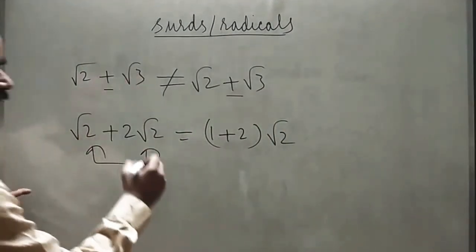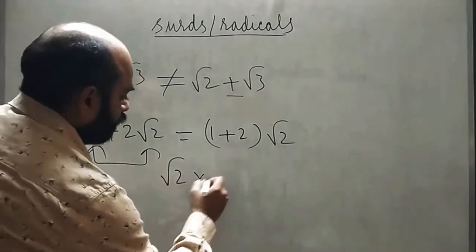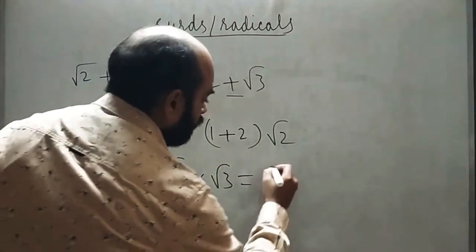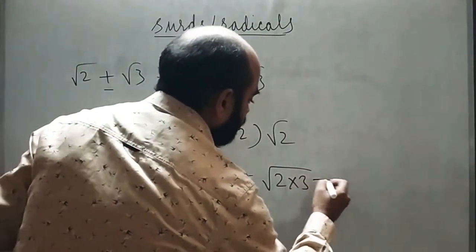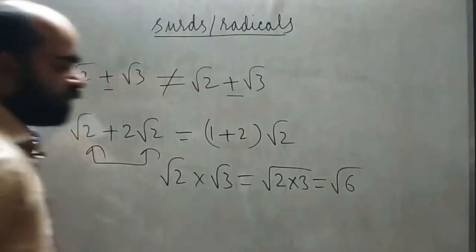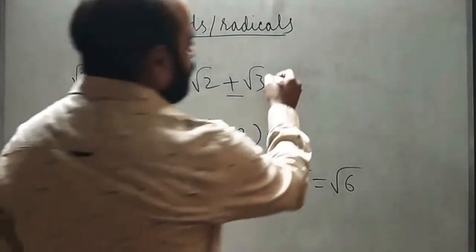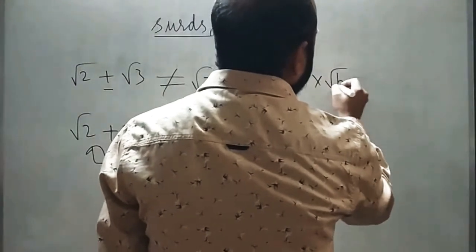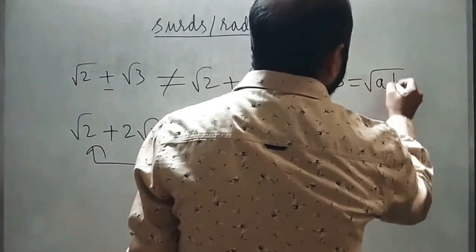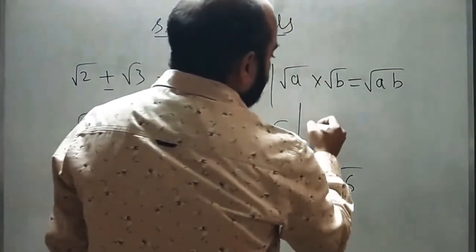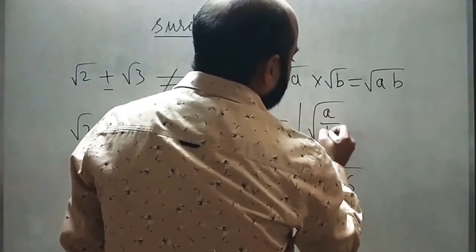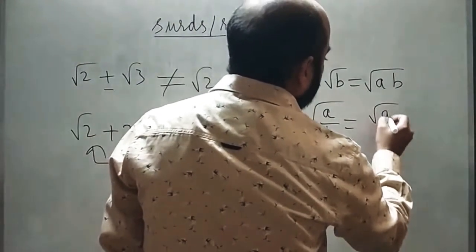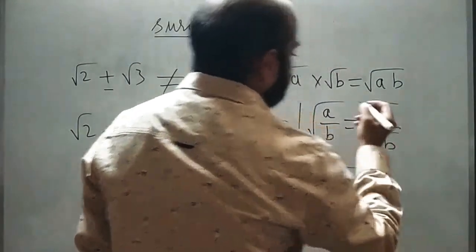Similarly, if root 2 into root 3 is given, we can write root 2 into 3, that is root 6. Generally, if root a into root b is given, we can write root ab. If root of a upon b is given, we can write root a upon root b.